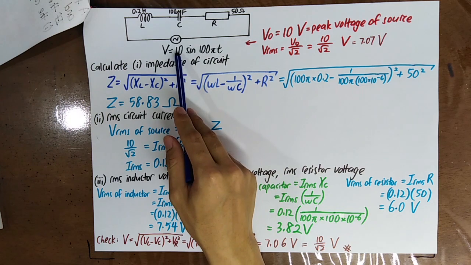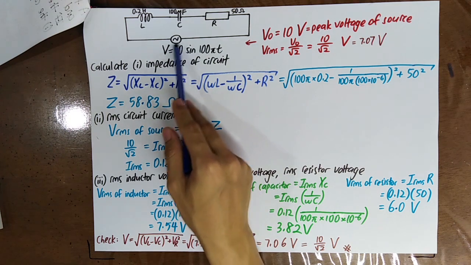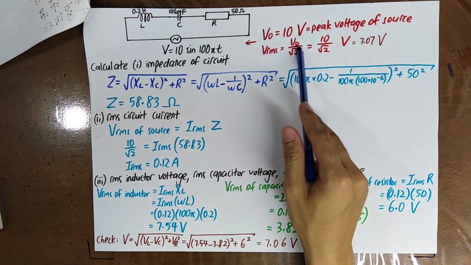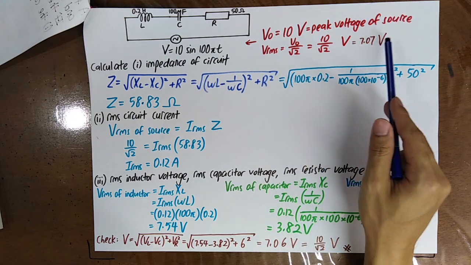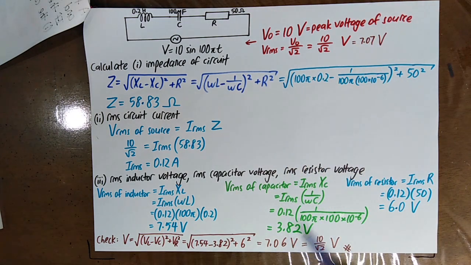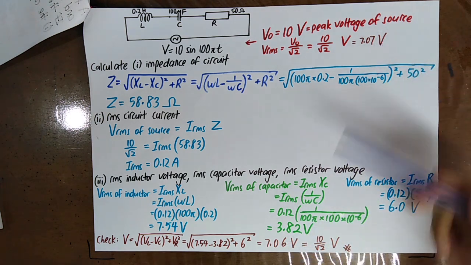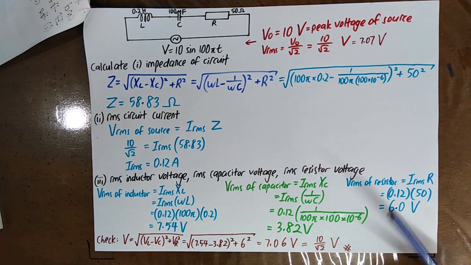Just now in the question, you know the peak voltage of the supply, and then you divide it by square root 2. Then you know the root mean square voltage of the supply. So now they fit, so you know that most probably your answers are correct.